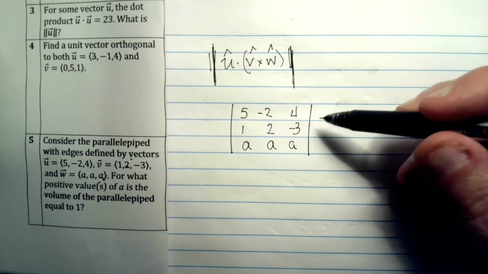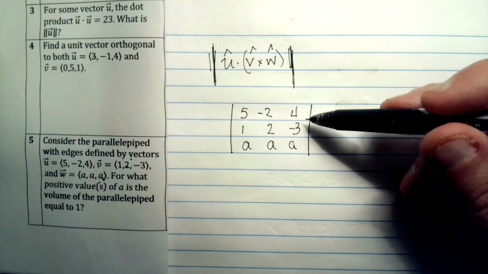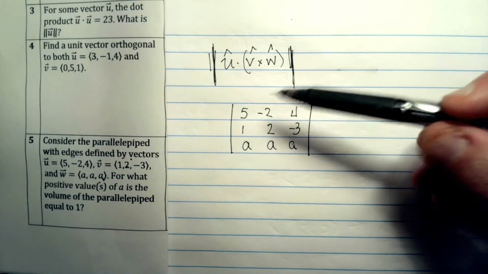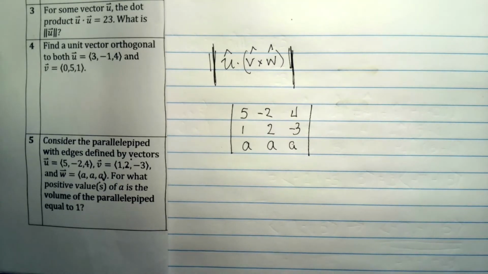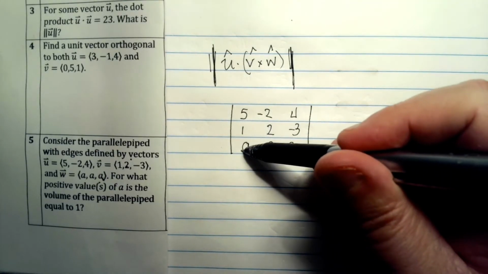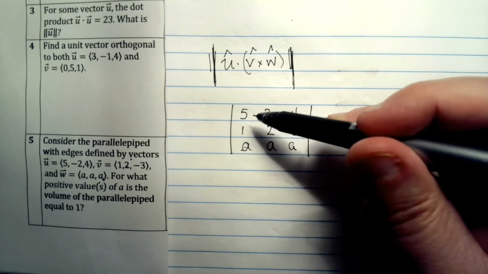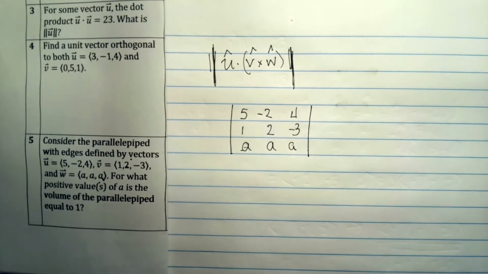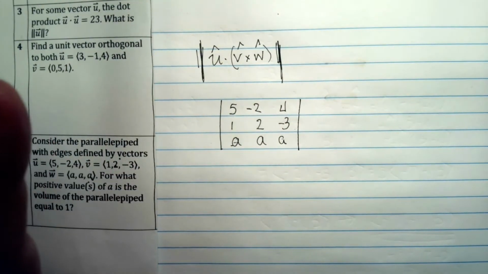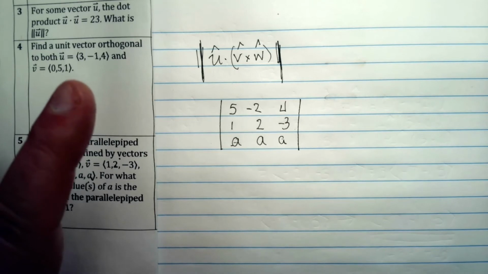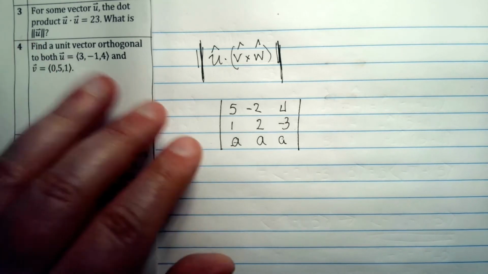And as far as the order goes for these rows, any order will be just fine. You can swap the order between any of these, you can reverse them. As long as you have one row that contains all a's, one row that contains 1, 2, negative 3, and one row that contains 5, negative 2, and 4, you're in good shape. All that would do is just change the sign, but we're going to be taking the absolute value anyway, so it'll all be okay.